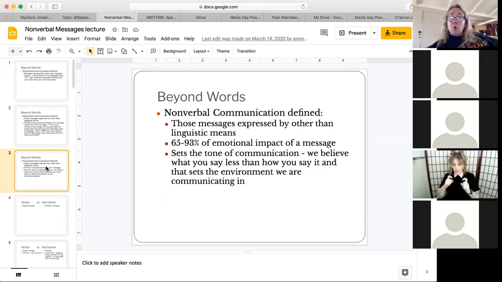So it sets the tone of how we communicate with each other. Even my actual tone as I'm communicating with you, if I'm short or direct in my language, you might mimic and reciprocate that same type of nonverbal communication through language.